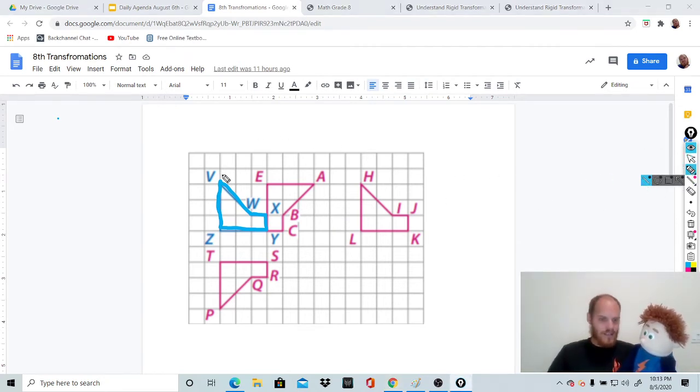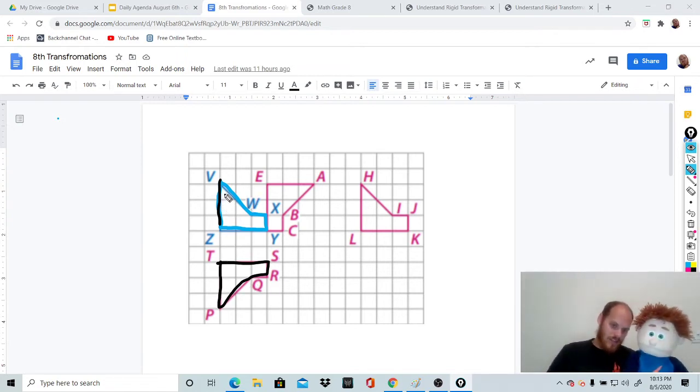So check this out. I'm going to start with this side, VZ. I'm also going to look at this entire shape over here, which is TPQRST. That's a mouthful. TPQRS.